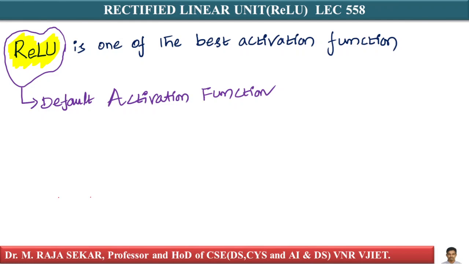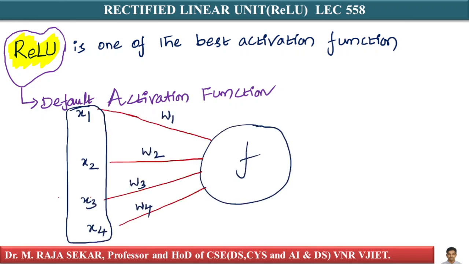How does ReLU look like? Let me say this f is my activation function, and you have got a bunch of inputs x1, x2, x3, x4, and we have weights associated with these inputs: w1, w2, w3, w4, isn't it?